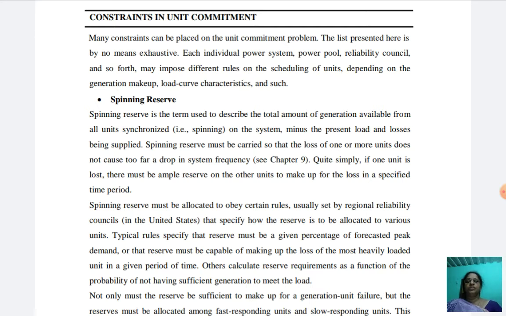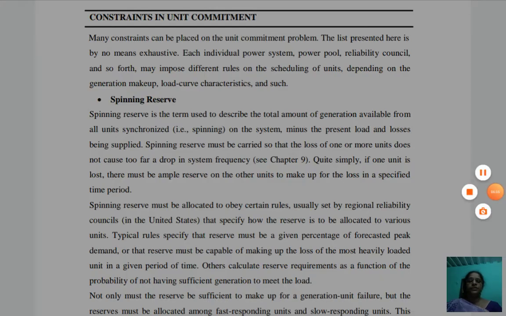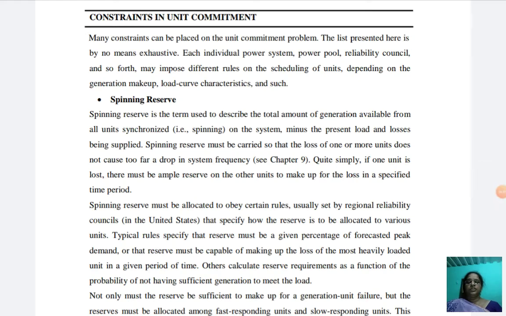First, spinning reserve. What do you mean by spinning reserve? The spinning reserve is the term used to describe the total amount of generation available from all units synchronized, that is spinning on the system, minus the present load and the losses being supplied. This is the definition of spinning reserve.